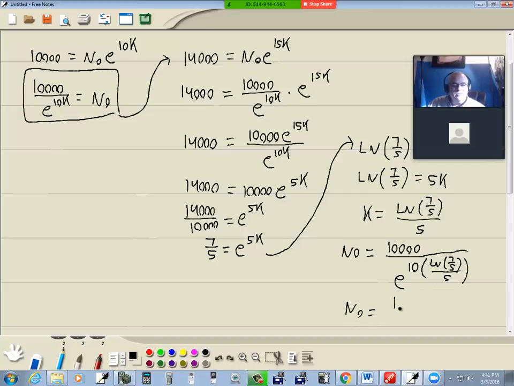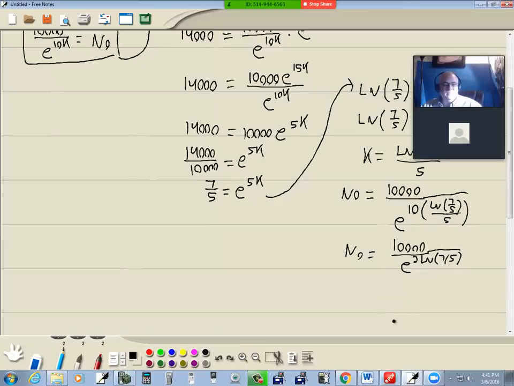So n naught is equal to 10,000, and those cancel a little bit. So that gives us e to the 2 natural log of 7/5. Okay, so let's plug that in.